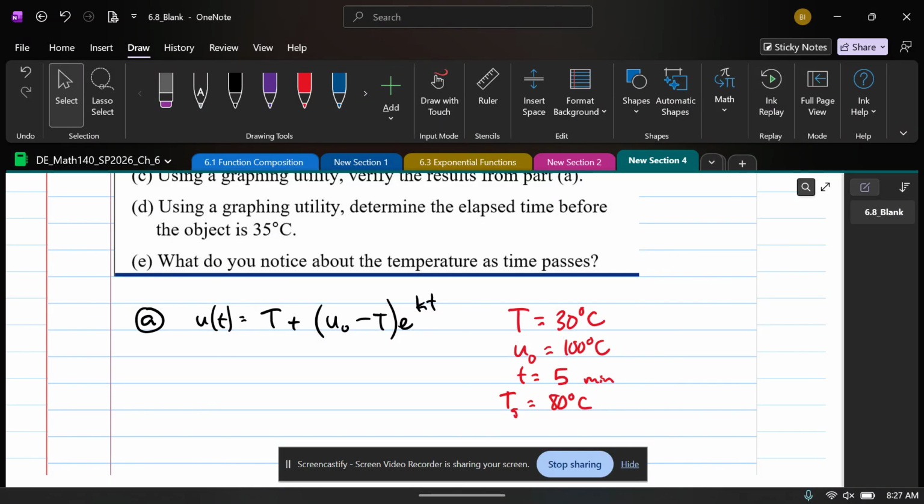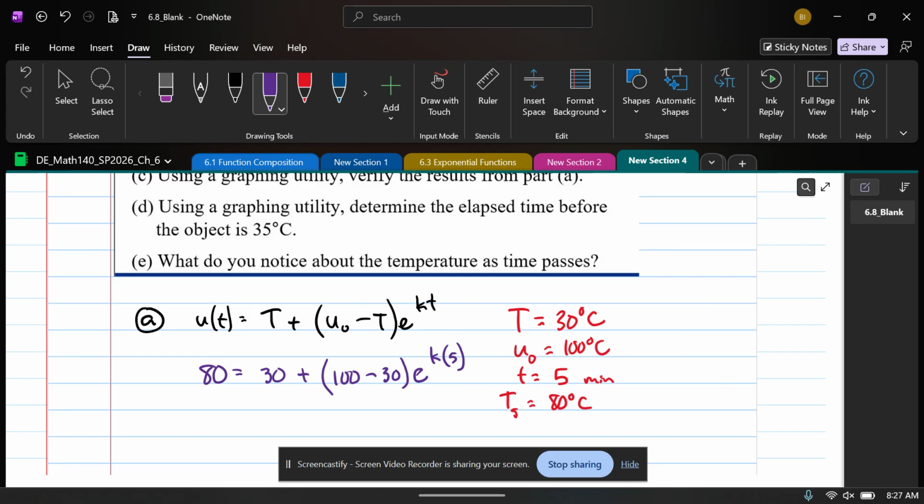Okay, so I'm going to set up the problem with 80 equals 30 plus 100 minus 30 e to the k times 5. So I plugged in the room temperature, that's where the 30s came from, the initial temperature, that's the 100, and then after 5 minutes, that's the 5 in for t, and the 80 is what the temperature was after 5 minutes.